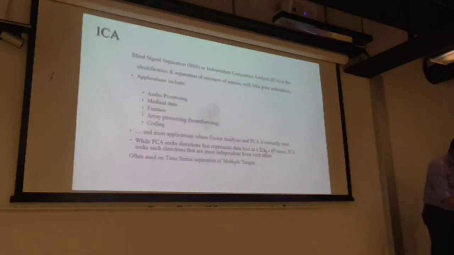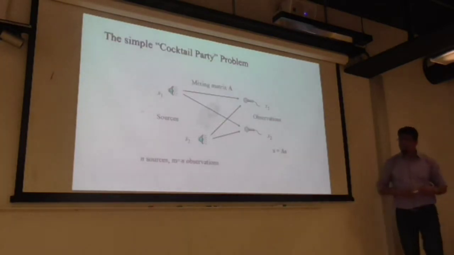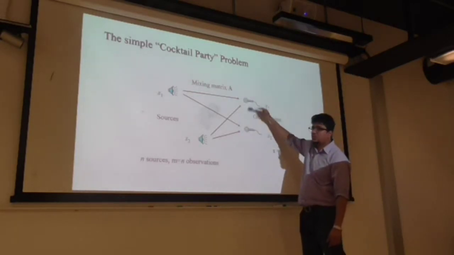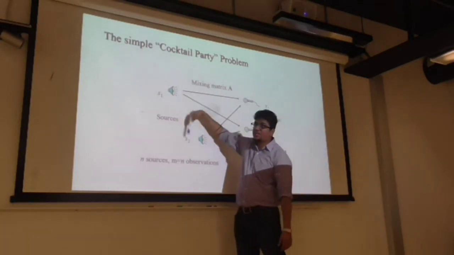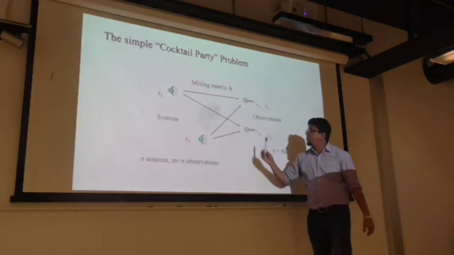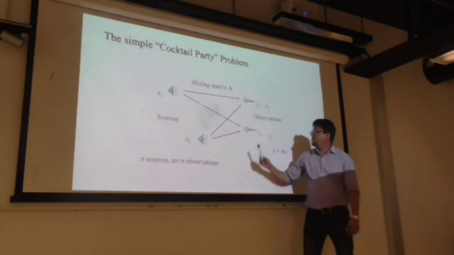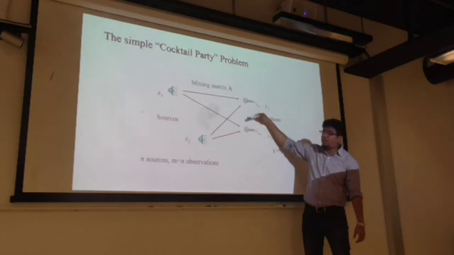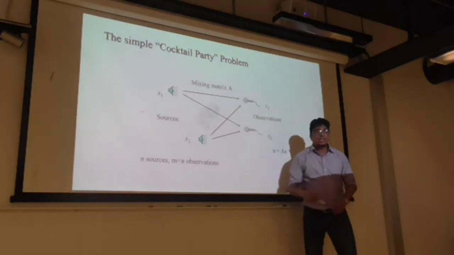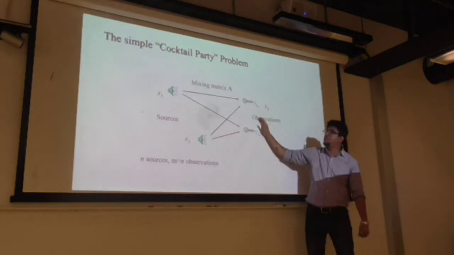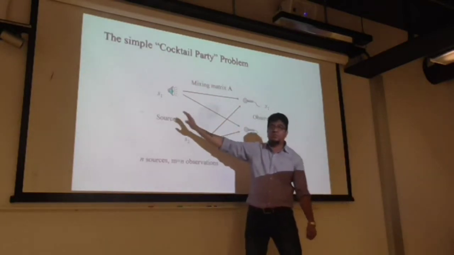So this was quite interesting that if you have multiple microphones, 2 microphones, and you have 2 sources, so if you can find out the observations, okay, from the same number of sources, then just have this data from the observation. You will find out the sources.